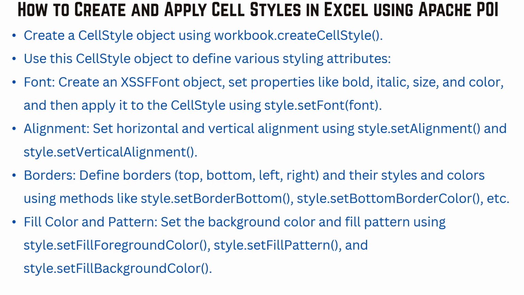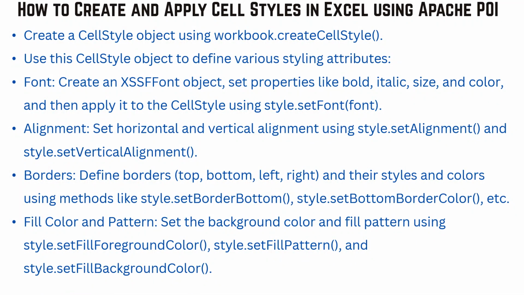You can create a cell style object using workbook.createCellStyle. Use this cell style object to define various styling attributes like font. We can create an XSSFFont object, set properties like bold, italic, size, and color, and then apply it to the cell style using the style.setFont method, where we can change the font.